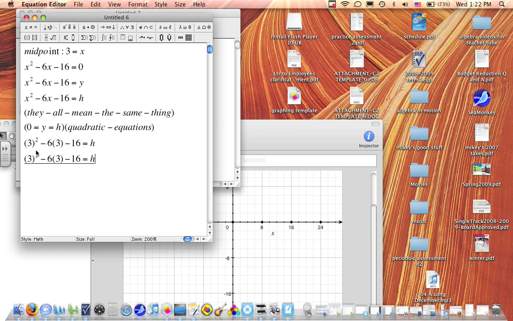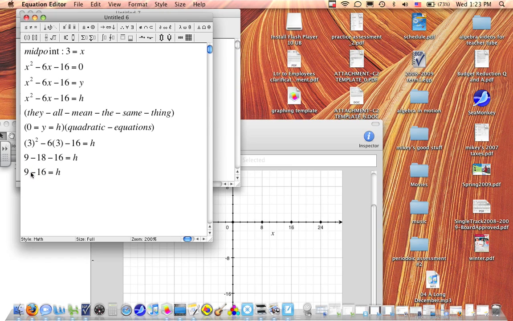So here, 3 squared is 3 times 3, and 3 times 3 is 9. And negative 6 times 3 is negative 18. So I replace that: 9 minus 18 is negative 9.